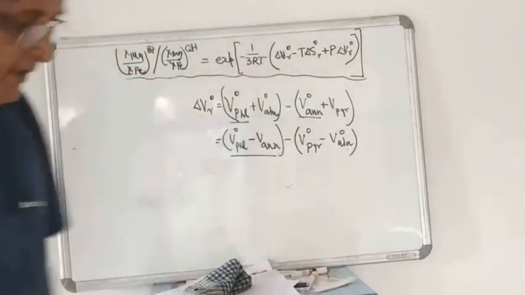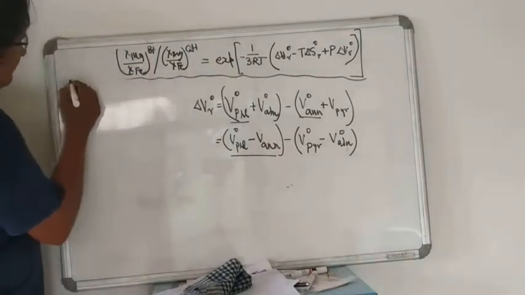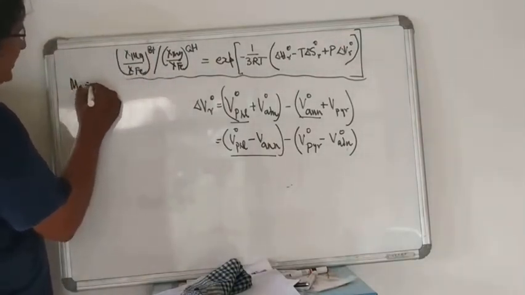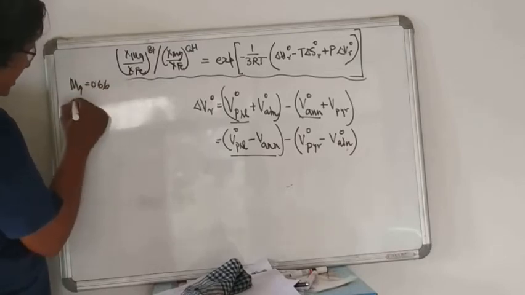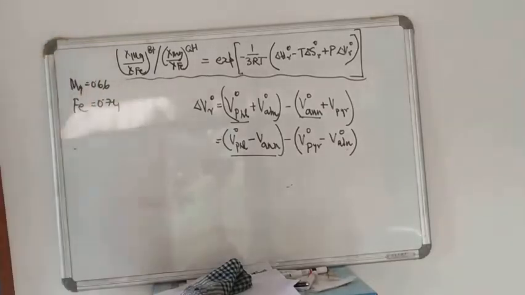So what is happening here now? Now you see. If you remember, magnesium ionic radius is 0.66 and iron ionic radius is 0.74. Okay?